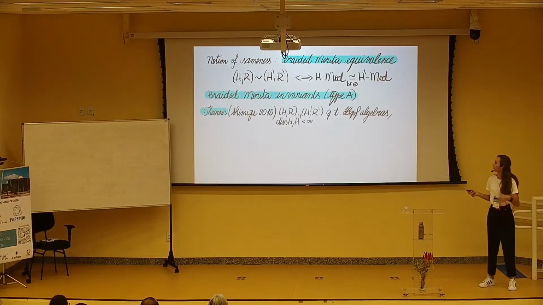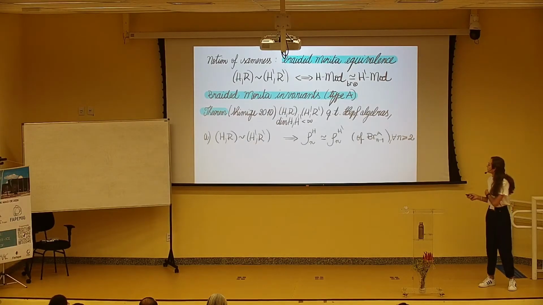And so there is some braided Morita invariant using type A. This is a result from Shimizu, 2010. Take two quasi-triangular Hopf algebras, and they have to be finite dimensional.